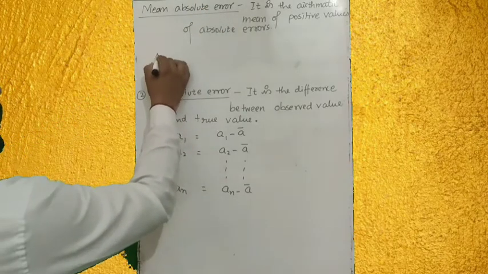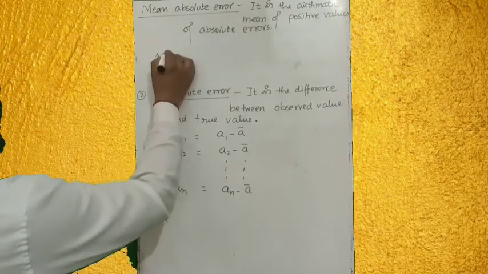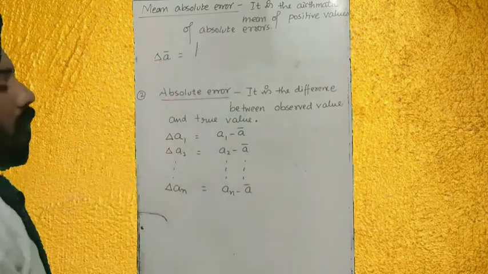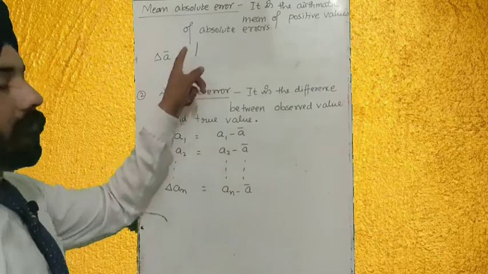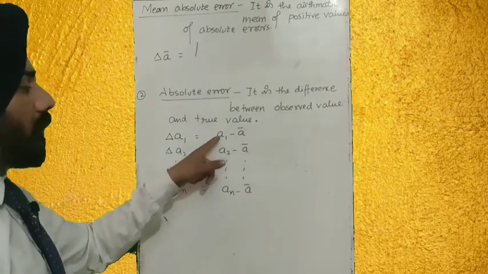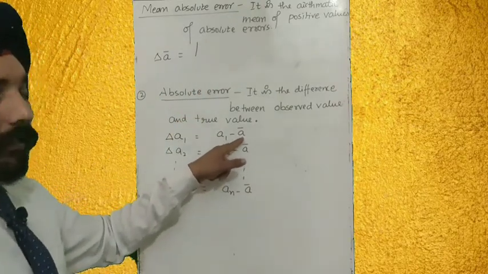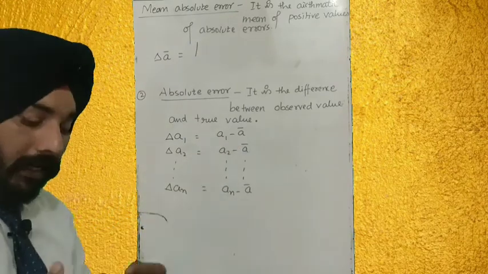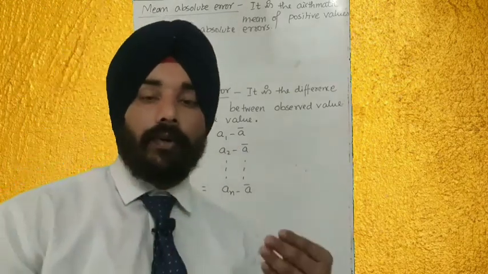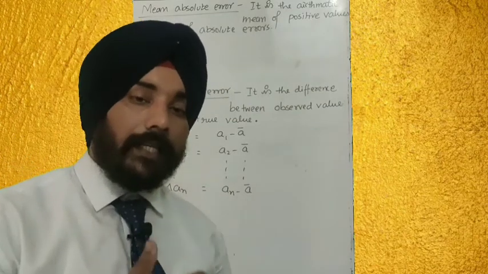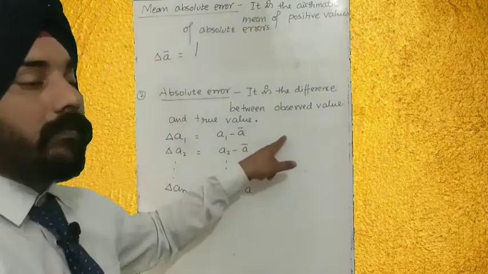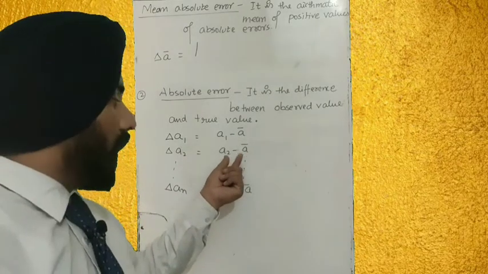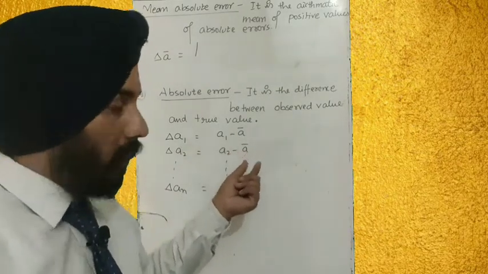So how do we represent mean absolute error? It is delta A bar, and we use mod. Mod means we have to take only the positive value, because A1 might be greater than or less than A bar. The observed value may be greater or less than the true value. If it is less than the true value, their difference will be negative; if it is greater, the value will be positive.